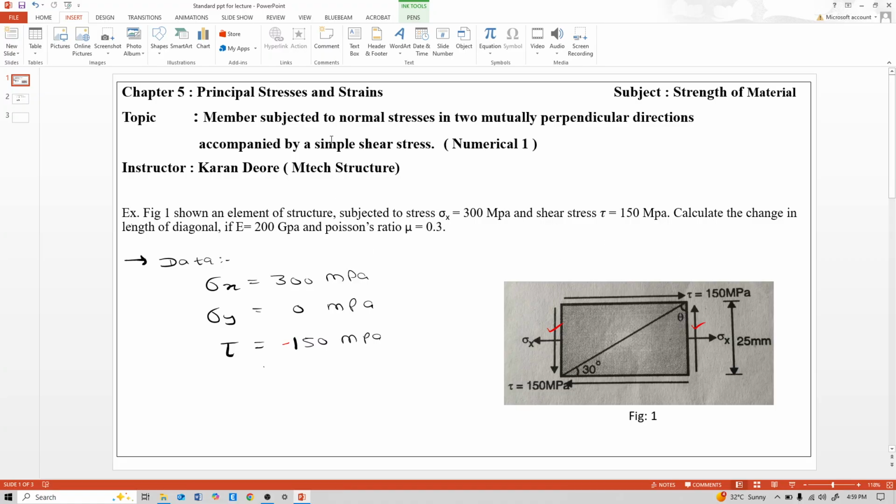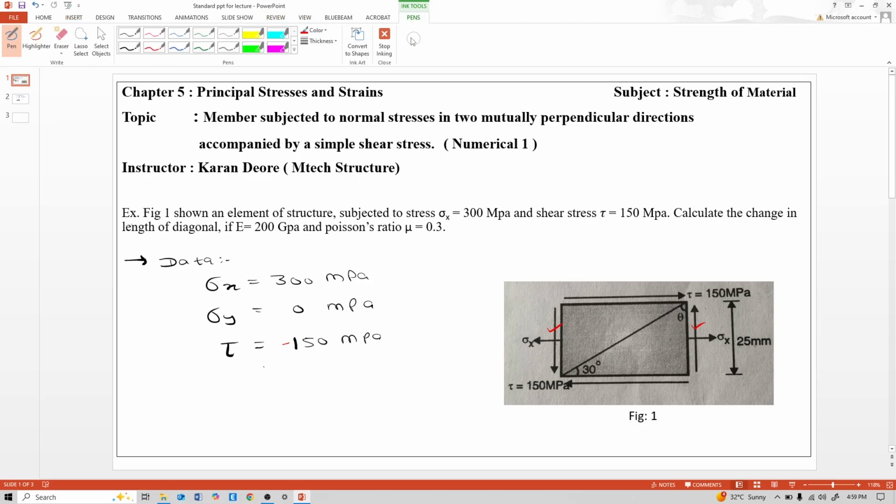This E is 200 GPa. E is Young's modulus or modulus of elasticity. The ratio of the stress to the corresponding strain is a constant, and this ratio is known as modulus of elasticity or Young's modulus.